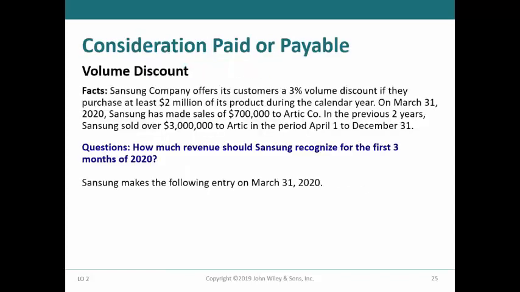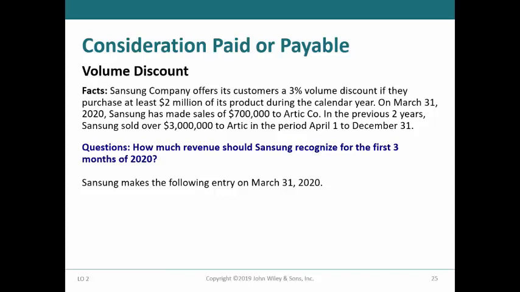To illustrate a volume discount, we will consider Samsung Company that offers its customers a 3% volume discount if they purchase at least 2 million of its products during the calendar year. On March 31st, 2020, Samsung has sales of $700,000 to its customer Arctic Company.